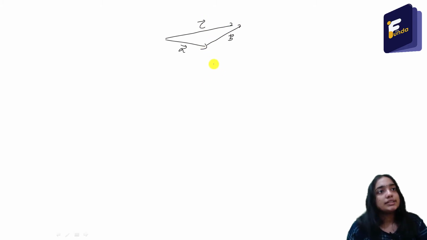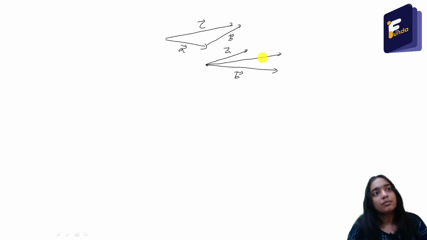See, if I put B vector in this direction, and if I put A vector in this direction, then C vector will come in this direction, as I am applying the parallelogram law. So this is the magnitude of C vector. What if I tilt A vector a little bit?